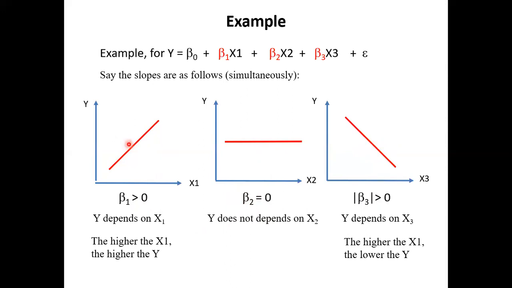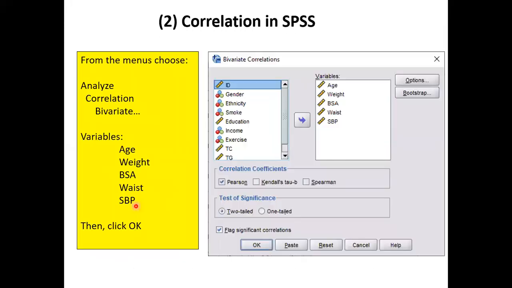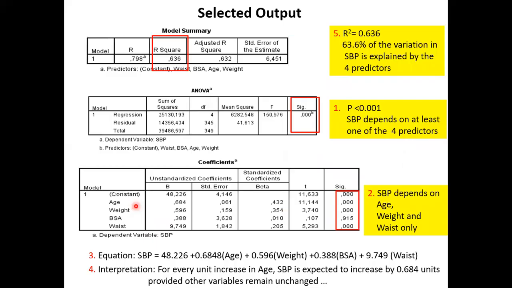If it slopes like that, the slope is not 0, and the p-value will be less than 0.05. In our example, for age, weight, and waist, the p-value is less than 0.05.